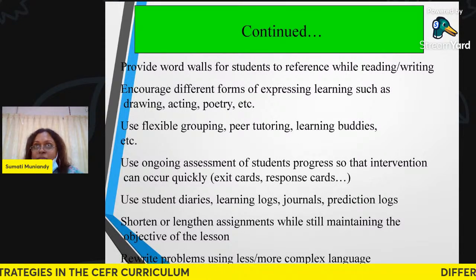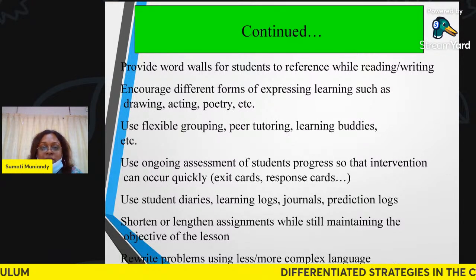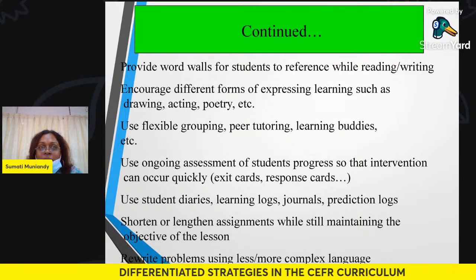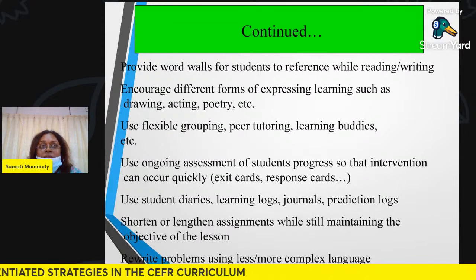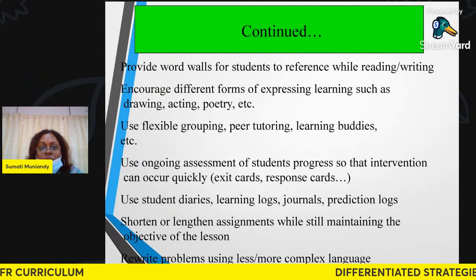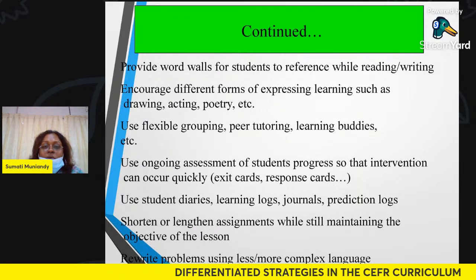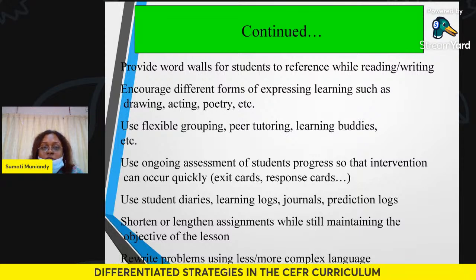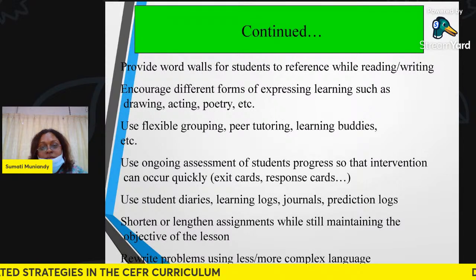Not at the end of the semester, then only you arrest. No. Then the formative assessment is not working there. Formative assessment is where you assess the student, and if you notice the student has got a learning problem, you solve the problem then, right? Okay, ask them to write diaries if your students are high achievers, journals, maybe learning logs, all right?